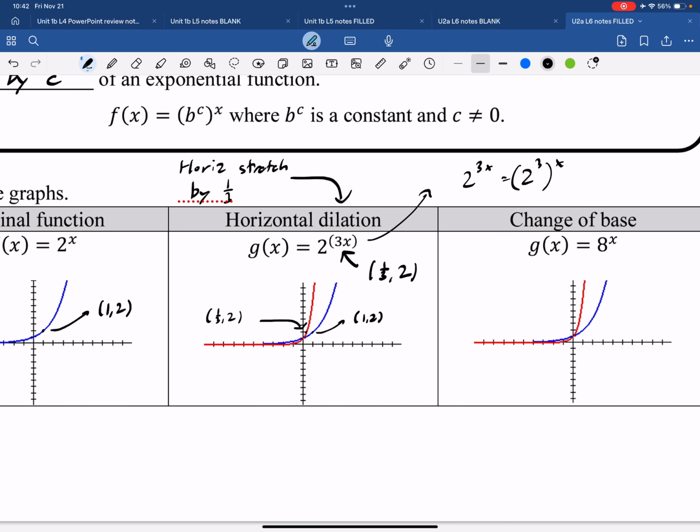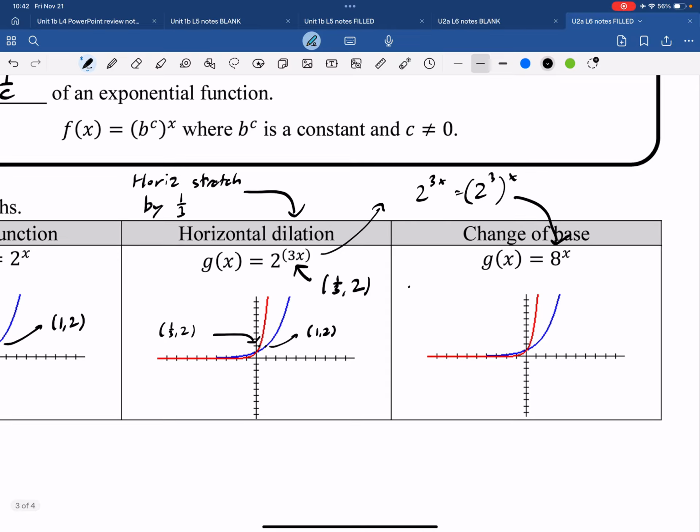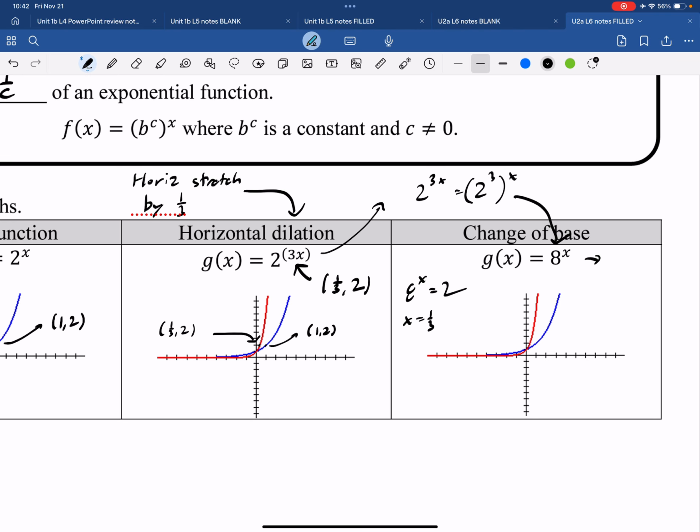We can write it that way, and that 2 cubed becomes an 8. And then if you want to get a nice clean 2, 8 to what power is equal to 2? Well, x is going to be the 1/3 power, because 2 raised to the 3rd power is equal to 8.